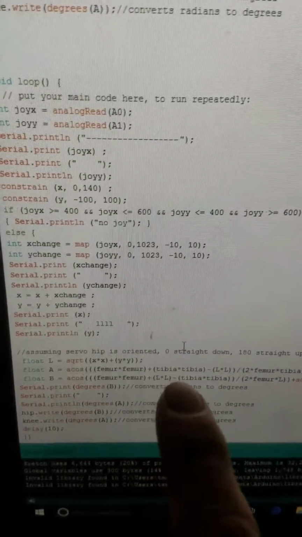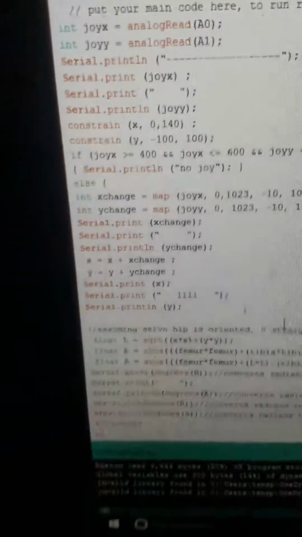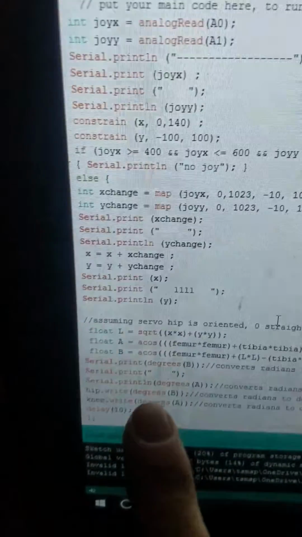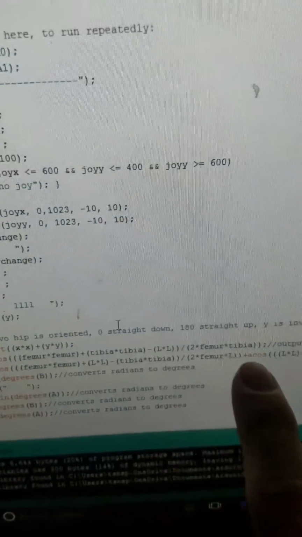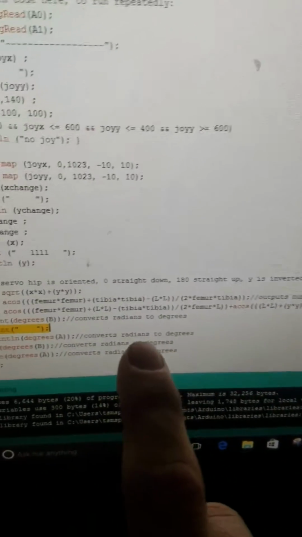L is the distance from this point to this point, and it's calculated right here. So as X and Y change, L changes. L is required in the sine and cosine equations here to use the 3 known sides of the triangle to determine the angles.